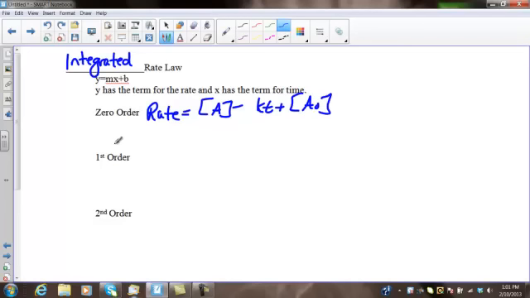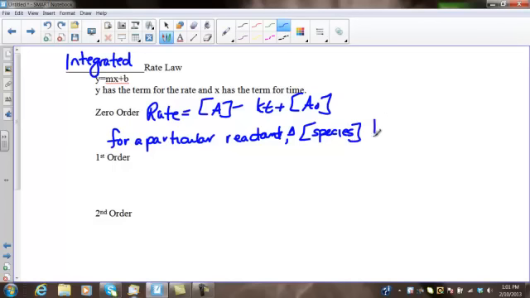They're on your reference table. This is for a particular reactant. The change in the concentration of the species, whatever it is that we're studying, has no influence on the rate.